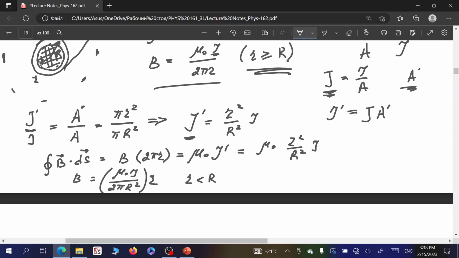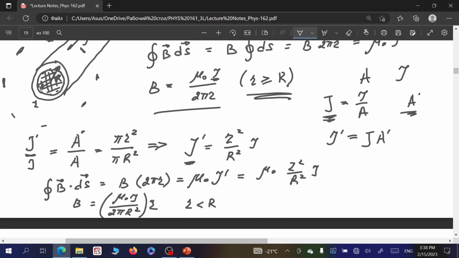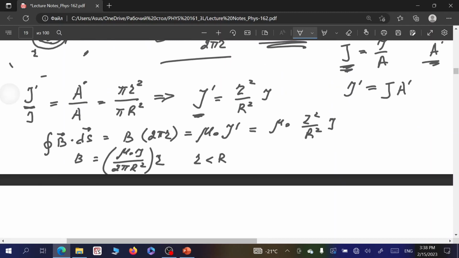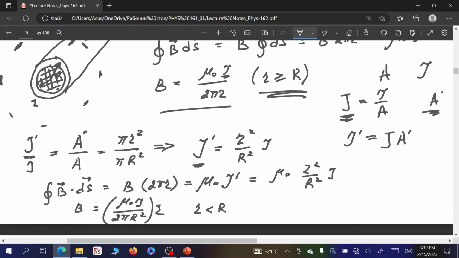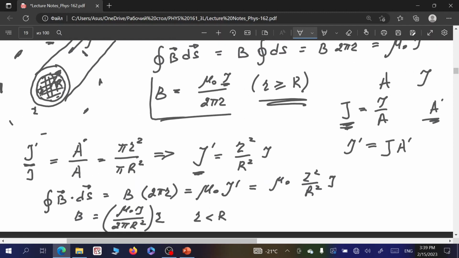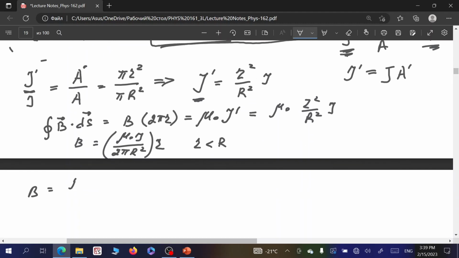So we have now two equations. Let's write them down. We have magnetic field B equal, this is our first equation, mu naught times I over 2 pi r if r is larger or equal to the radius of the conductor.